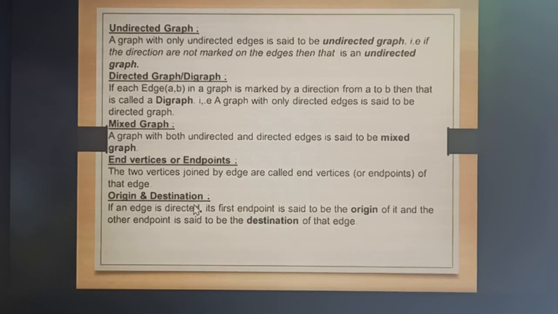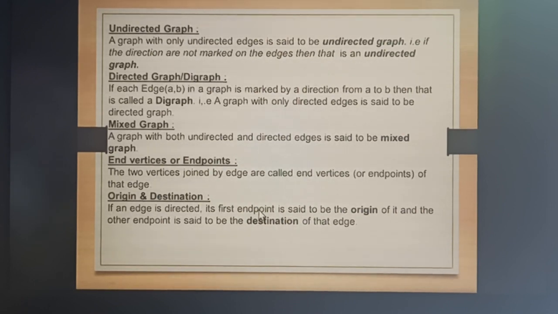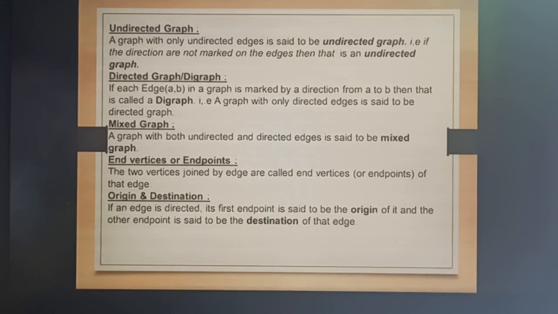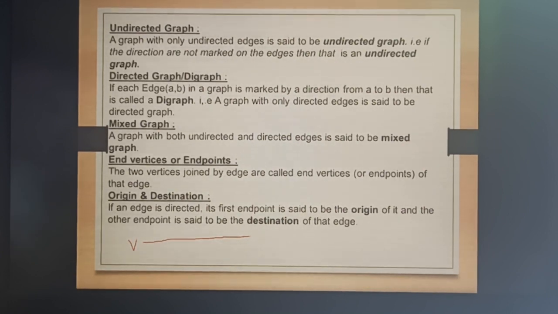Origin and destination: if an edge is directed, its first endpoint is said to be the origin of it, and the other endpoint is called the destination of that edge. Suppose this is your V, this is your W, and there is a direction from V to W. Then its first endpoint V is called the origin, and W is called the destination.